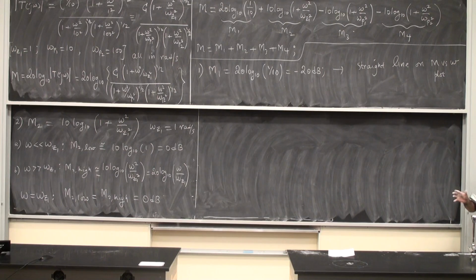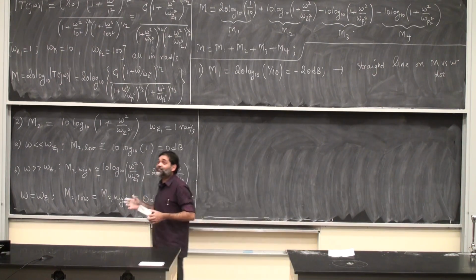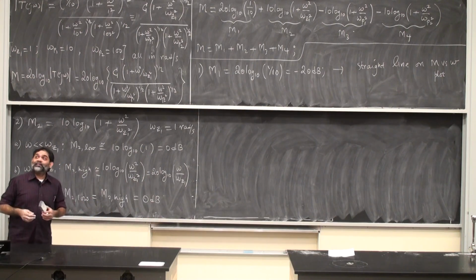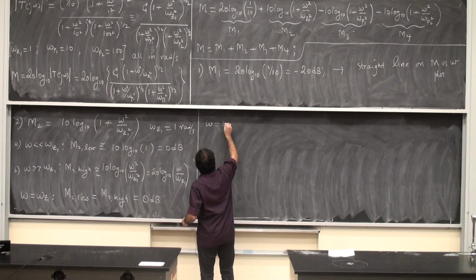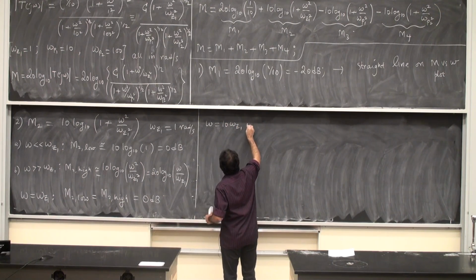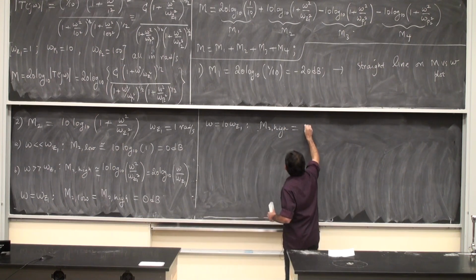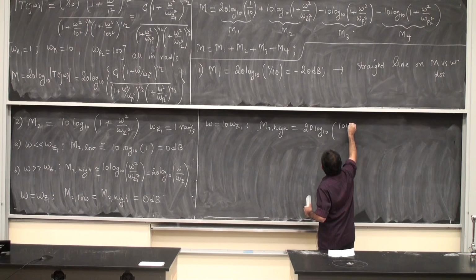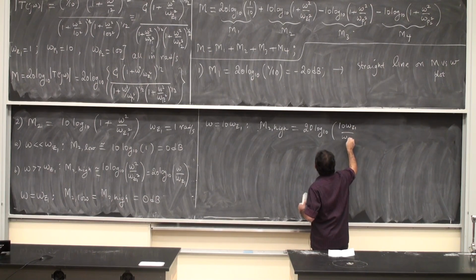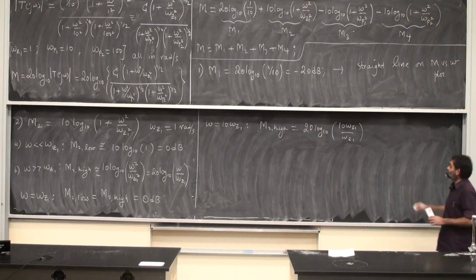And then just for this particular case, I will consider a decade increase in omega versus omega z1. Okay, so let's say that omega is 10 times omega z1. M2 high is 20, which just gives me 20 decibels.